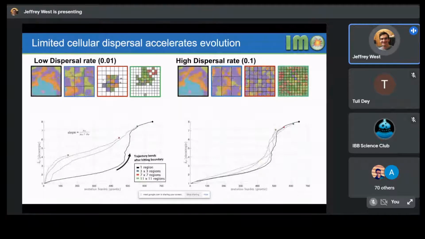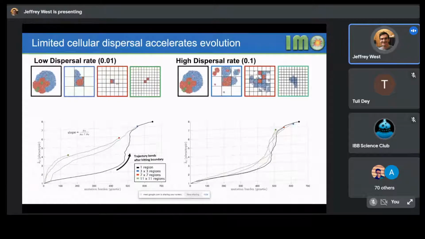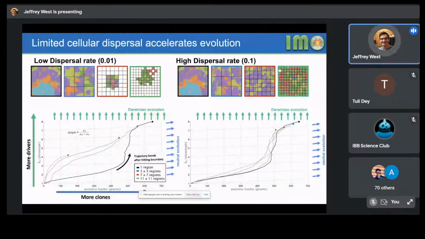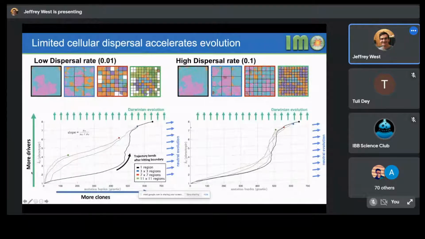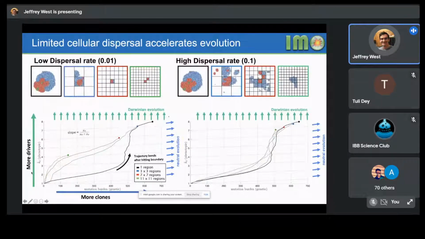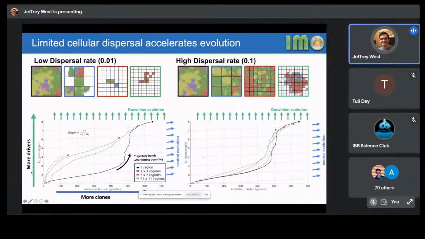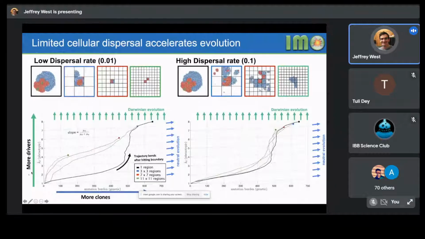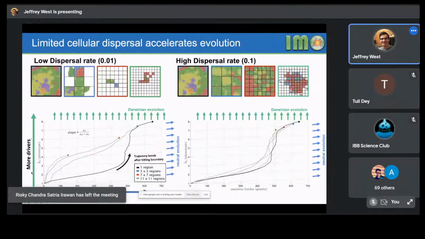We're going to quantify this on two axes, mutation burden and the average number of drivers. So what I'm going to tell you is that the right, or the x-axis, represents some level of neutral evolution, and the y-axis represents Darwinian evolution.